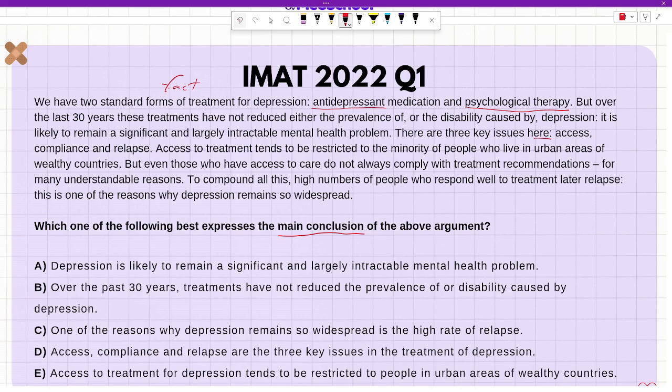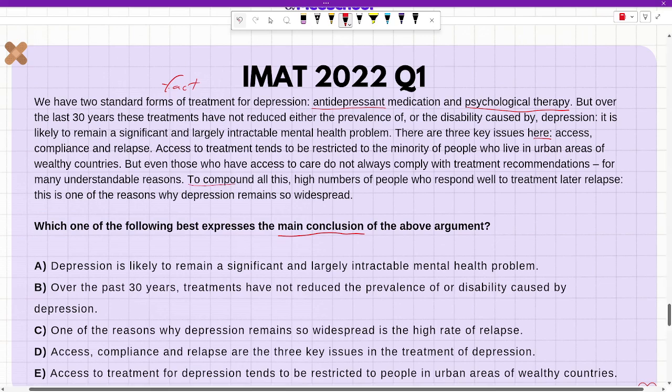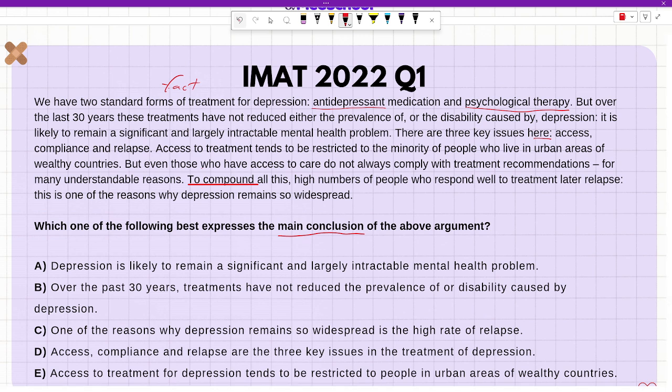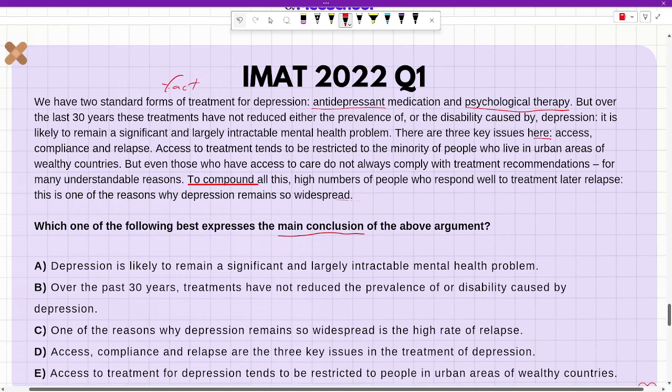To compound, that's it, guys. That's all you have to know. To compound, or in other words, is basically saying in conclusion or in summary. To compound all this, high numbers of people who respond well to treatment later relapse. This is one of the reasons why depression remains so widespread.